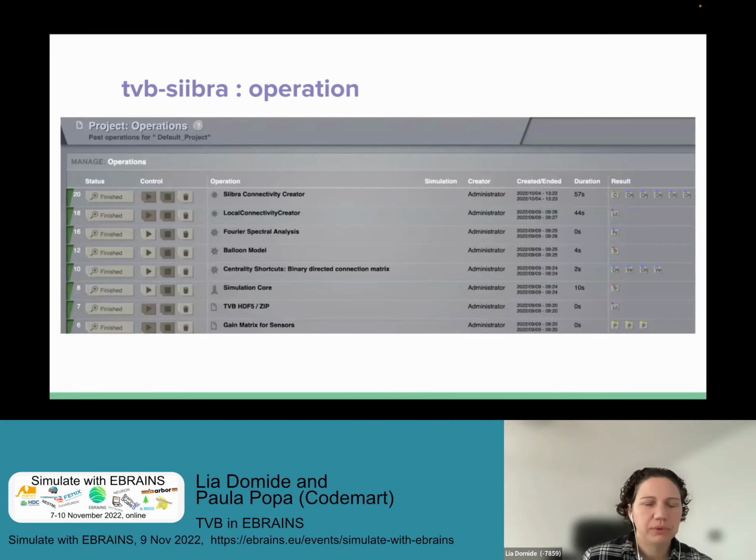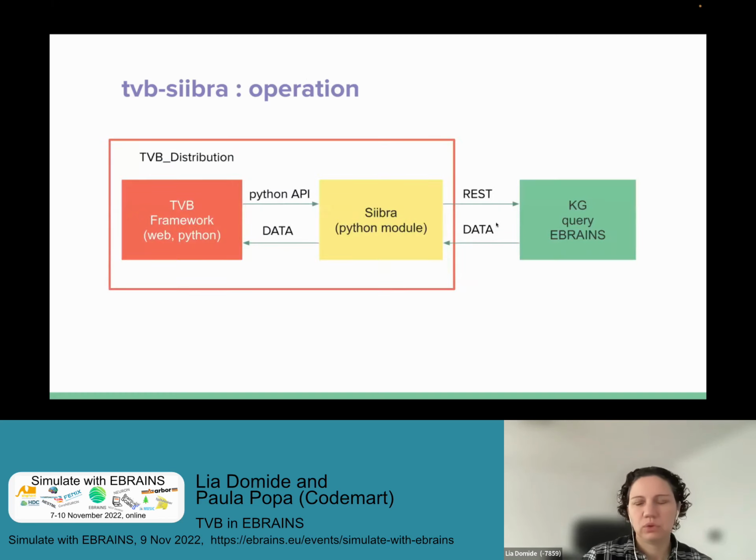Once we launch an operation with Zebra Creator, on the current project in the TVB web interface, we will have a new row like here on the top, Zebra Connectivity Creator launched by user administrator at a certain time. It took about a minute. And it produced some results if executed with success.